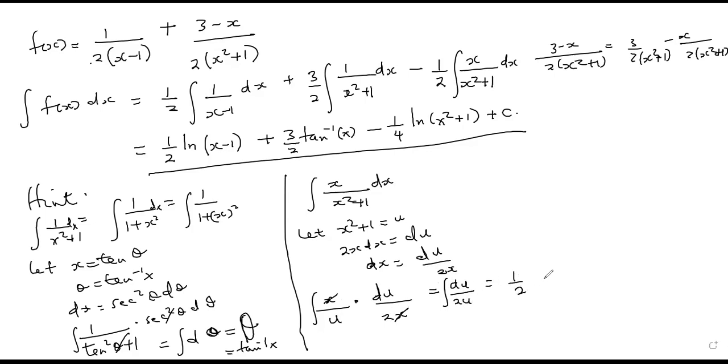So it will be a half integral of 1 over u du, but the integral of 1 over u is ln u, so it is going to be a half ln u, but remember, u is x squared plus 1.